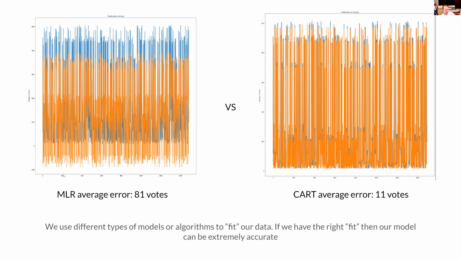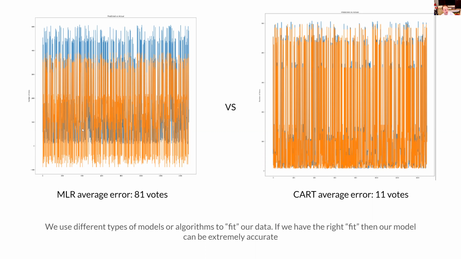Over here, we have an MLR model I made, and it had an average error of 81 votes. So on average, it's going to be off by 81 votes. You can see it even dips down into the negatives. That's just how this model works. It didn't see that you can't have negative votes, and that's why it's off by so much.